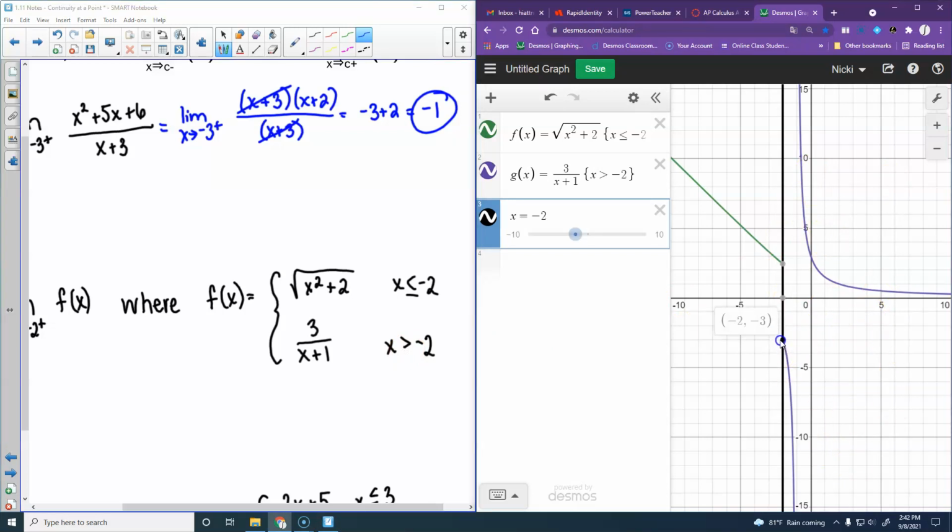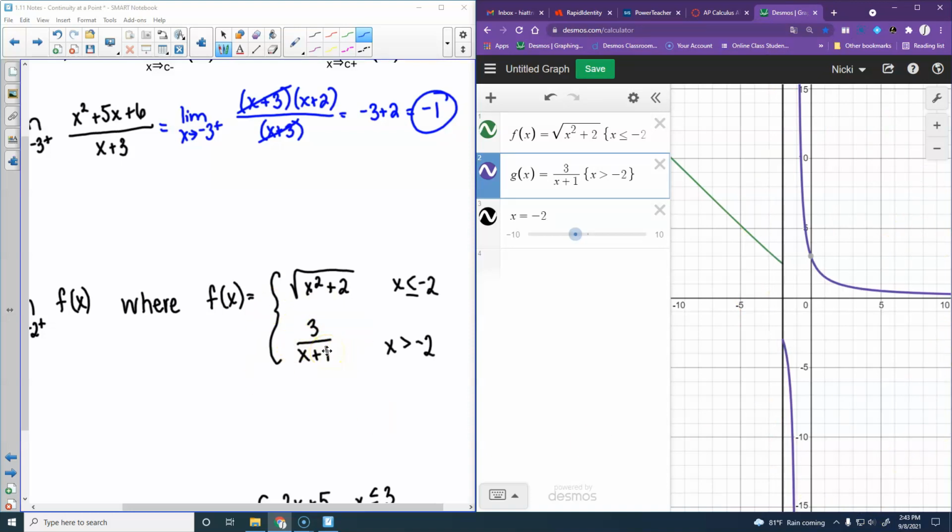Right here, at the end of that, it's actually an open circle, right? It's undefined right there. But that limit is going to approach that value, because it doesn't matter for limits whether it's an open or a closed circle. So the function on the right is that second function.